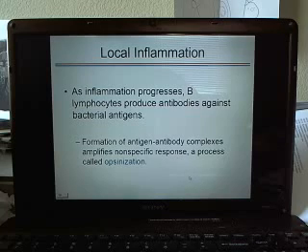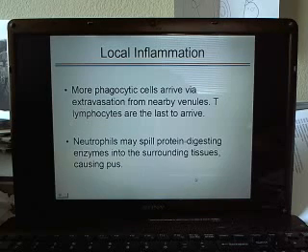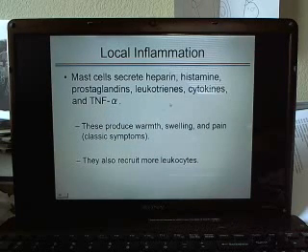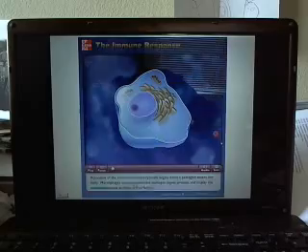If you get rid of IgE, you get rid of the allergic reactions. Mast cells secrete heparin. Let the blood get there. Again, local inflammation: warm, swelling, pain, redness.